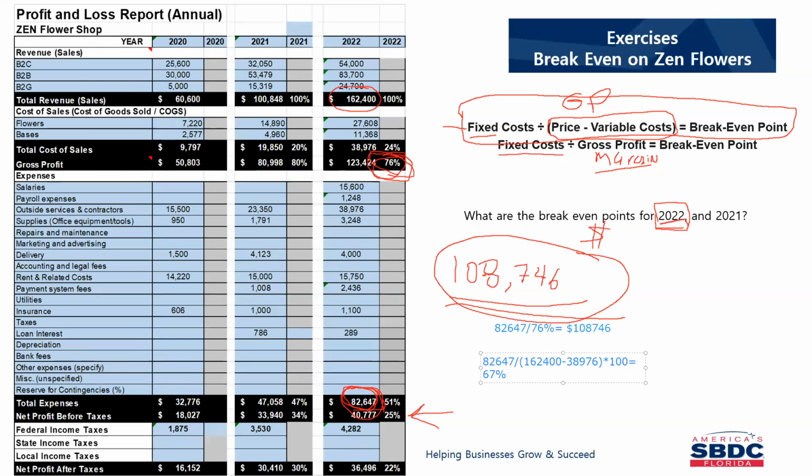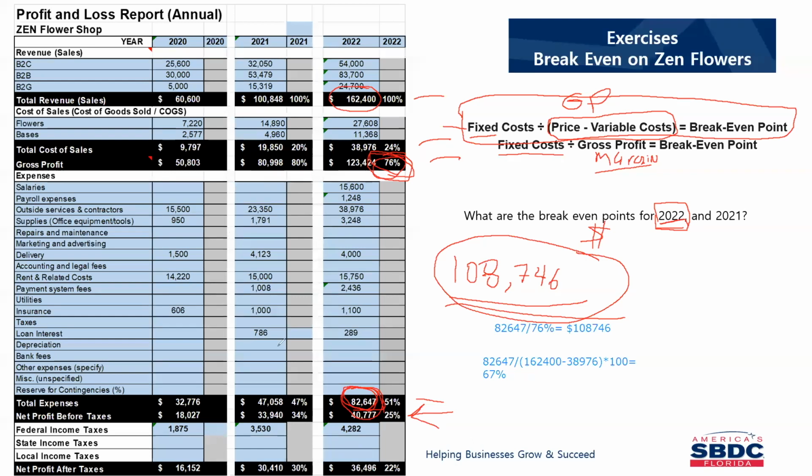Guys, everything works out of these four numbers. As you can see, I'm using only four numbers. I'm using this number, this number, this number, this number. That's it. I'm not looking at the individual numbers.